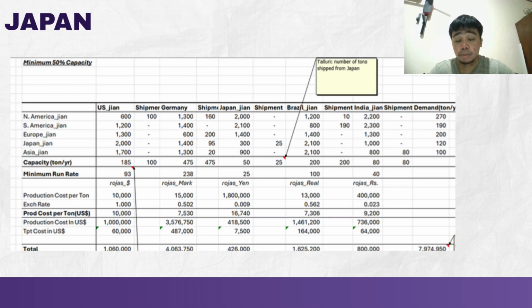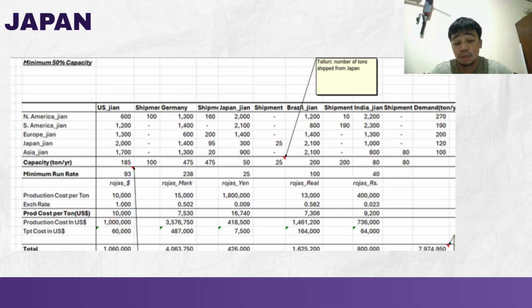So let's talk about Japan and why Japan is the best main supplier for its own country. Well, Japan has the highest production cost of $16,700 if we convert it. But importing ink into Japan from other regions has a very high shipping cost, so it is not a viable option for the Japanese market.